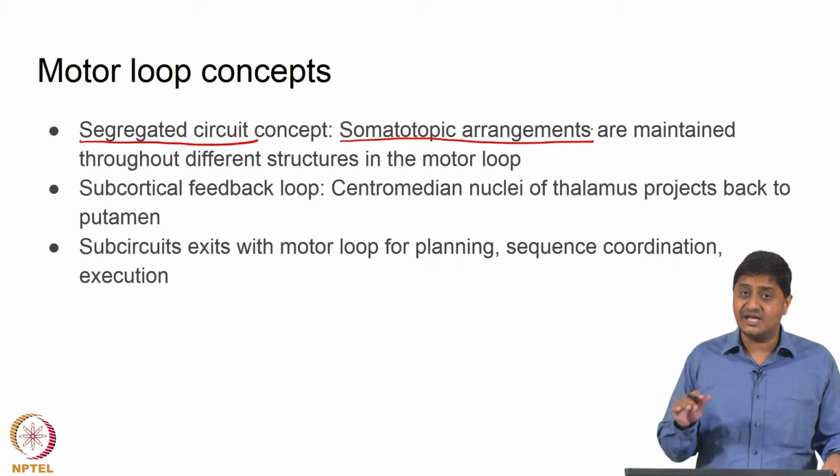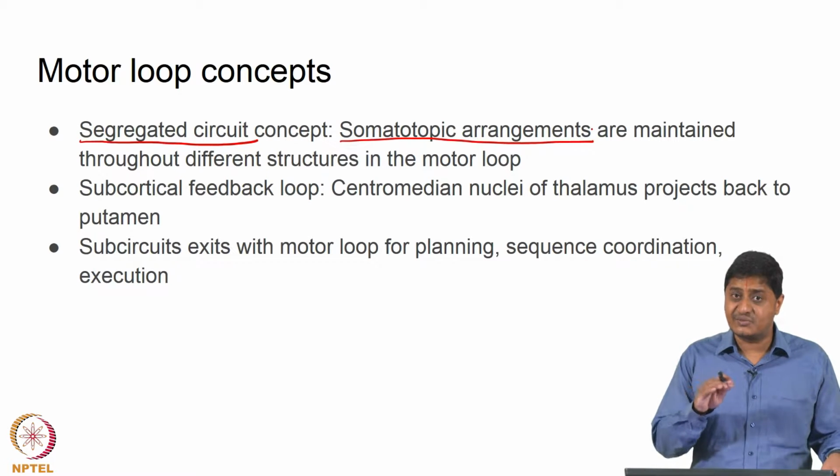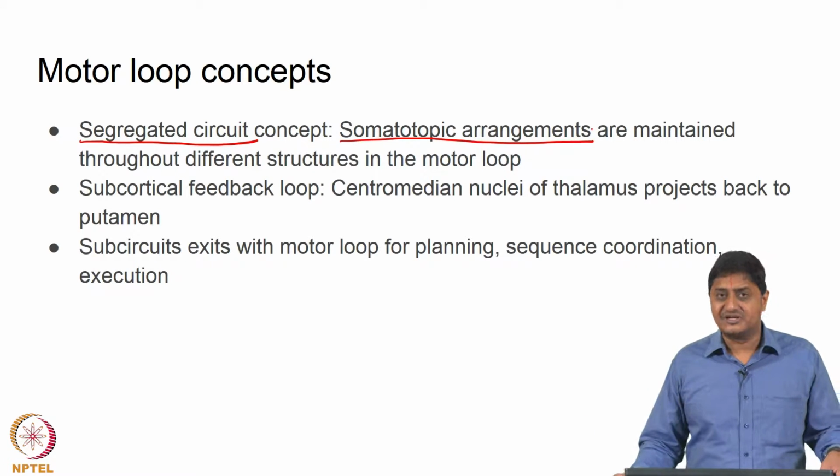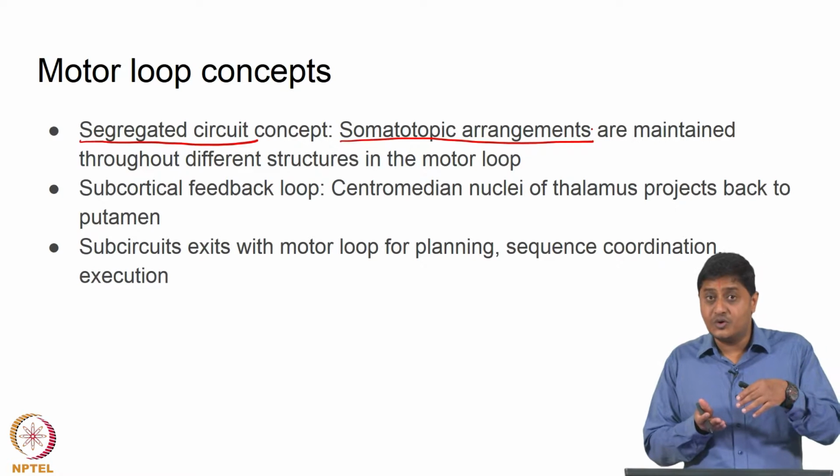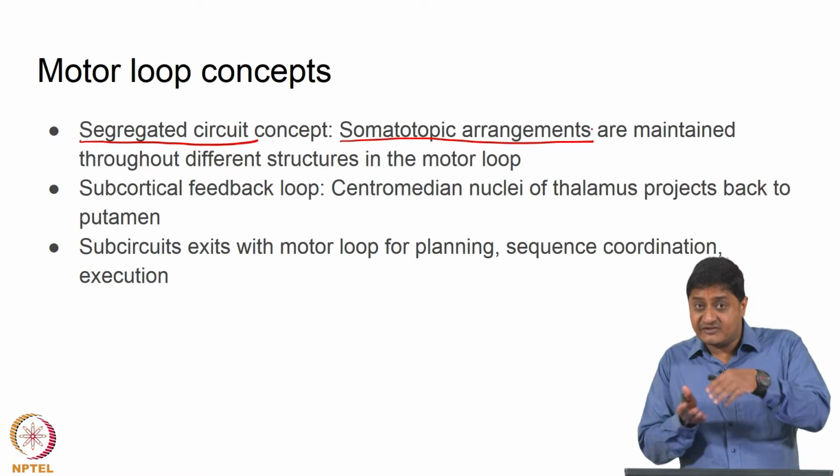So, somatotopic arrangement is maintained throughout different structures within the motor loop. Within the basal ganglia, there is this separate arrangement maintained for different areas. Of course, note that different functions are differently maintained.